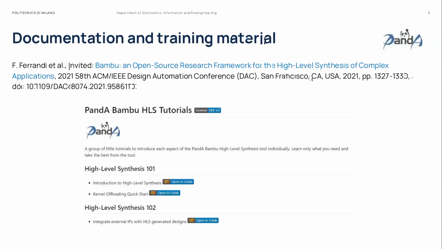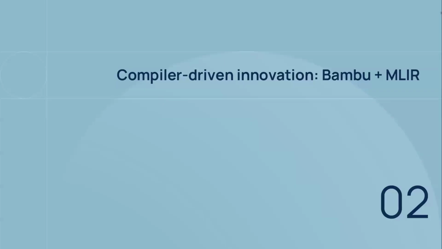Although we do know that the documentation could use some more work, especially because if you run the help, you have hundreds of options. That's not a way to describe what your tool can do, just running the help and reading everything. So, anything else about Bambu in general? Otherwise, we can go to Bambu and MLIR.